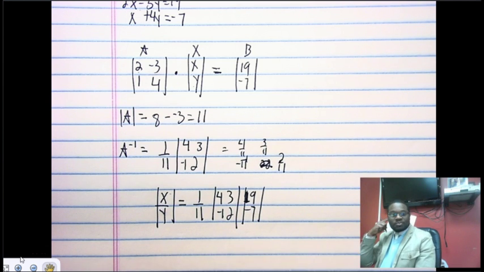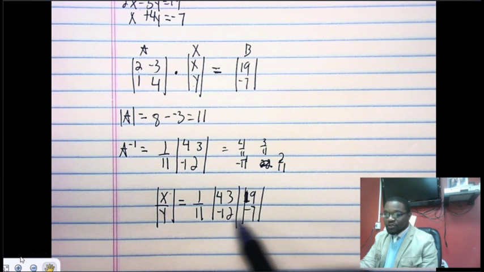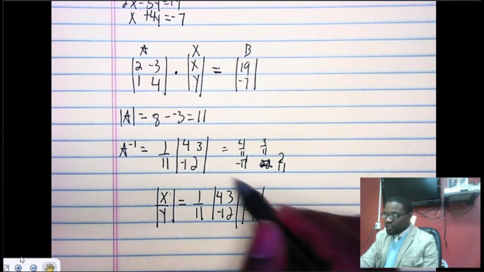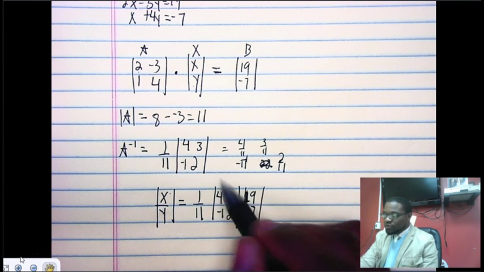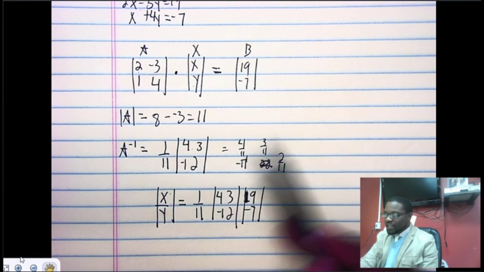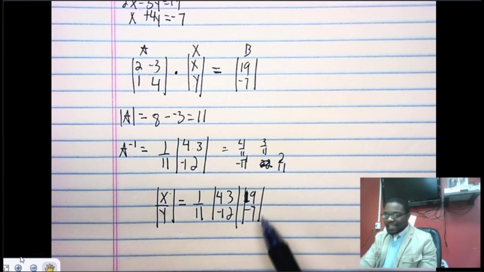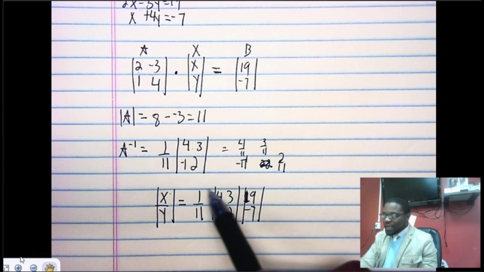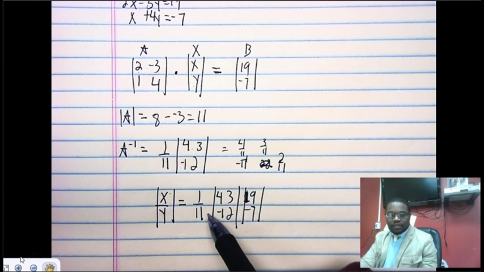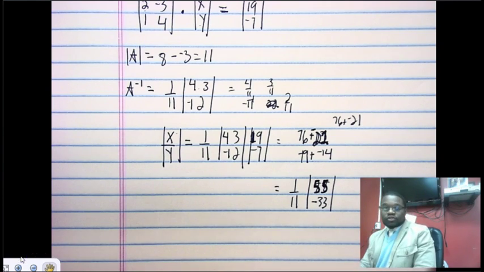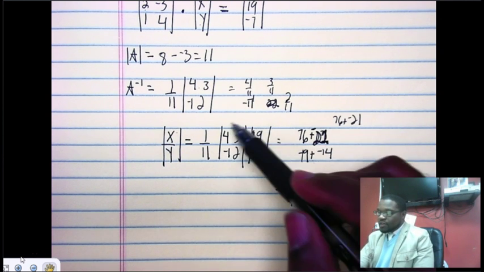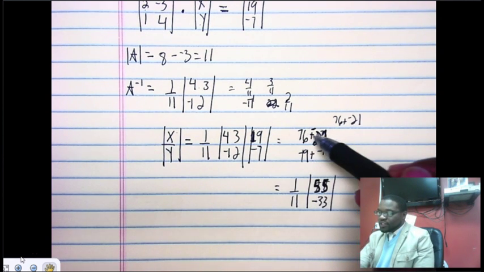But that's hard to multiply. What I think makes more sense is to do that last and to go ahead and multiply your two matrices first. Do this one times that in that order, this one first, and then go ahead and do the 1 over 11 scalar. Okay, so I went ahead and multiplied those two. 76 plus negative 21.